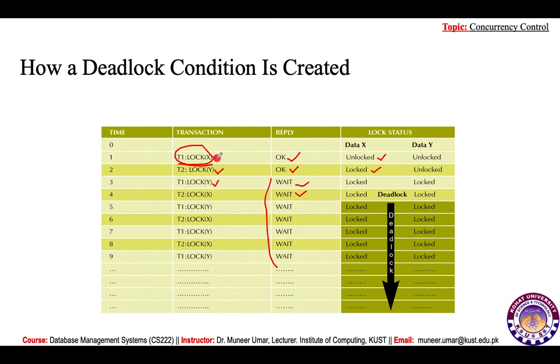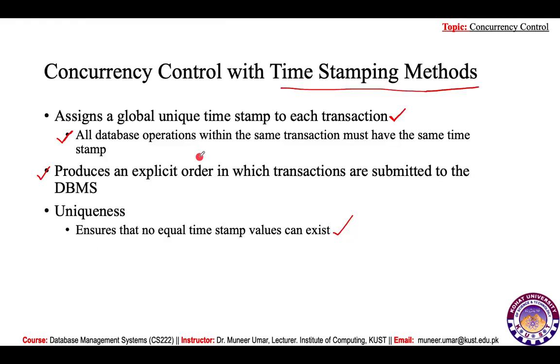The older transaction waits and the younger transaction is rolled back. Now let's say T1 is older, so it must wait for Y, but the younger T2 will withdraw Y for this T1. So it will not hold that lock forever.